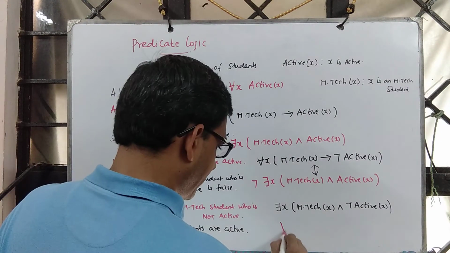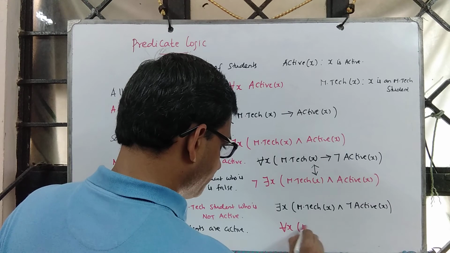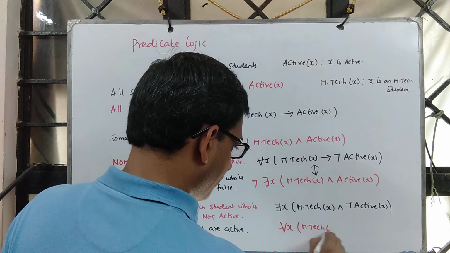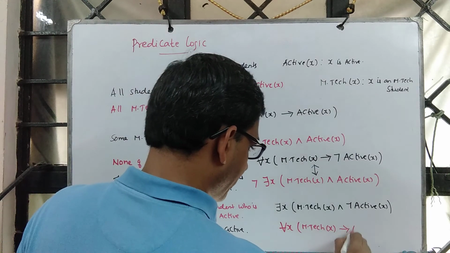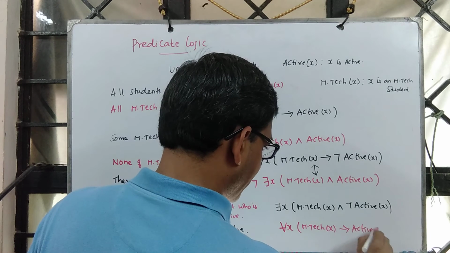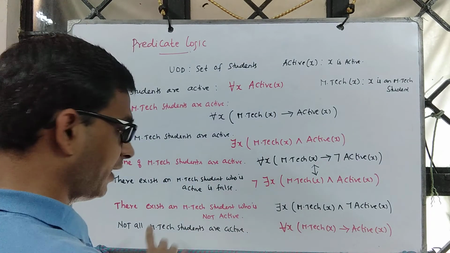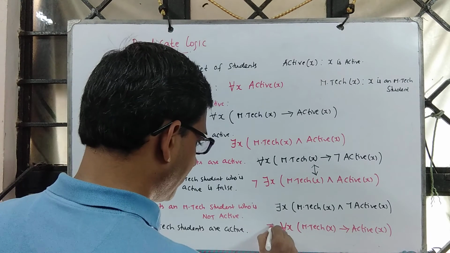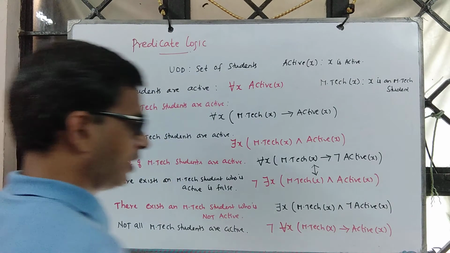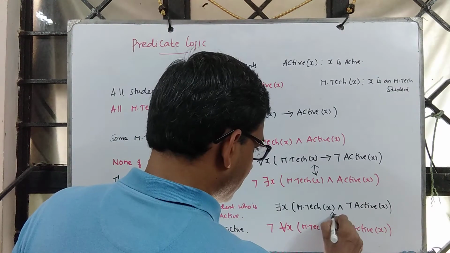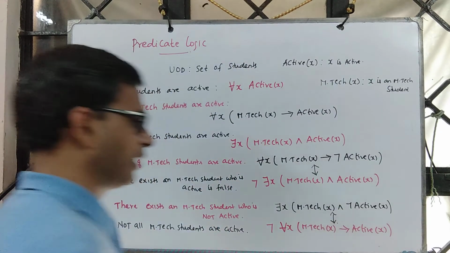So how do we write this? For all X, MTech of X implies active of X would tell you all are active, but we say not all are active, so we get the negation. And we know that this and this are equivalent.